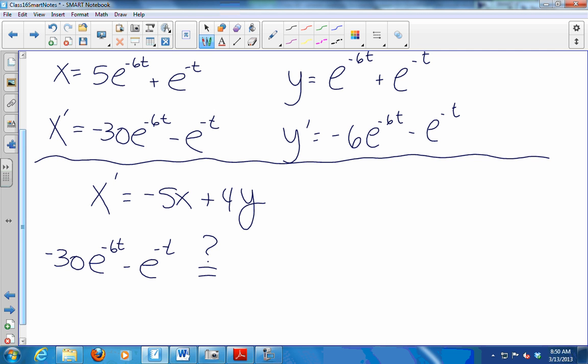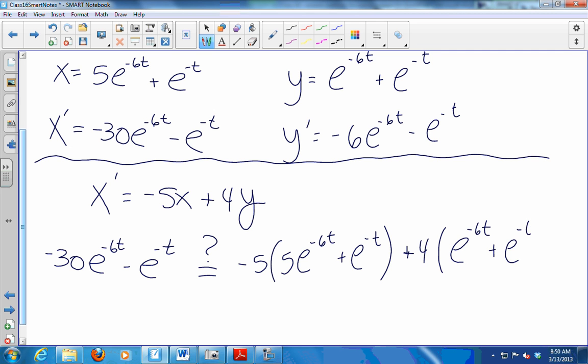And the question is, does that equal negative 5x plus 4y? So I'm going to replace x and y with what they're equal to. Just make a substitution. So I have negative 5 times x, which is 5e to the negative 6t plus e to the negative t, plus 4 times y, which is e to the negative 6t plus e to the negative t.